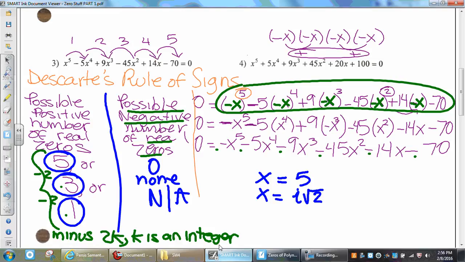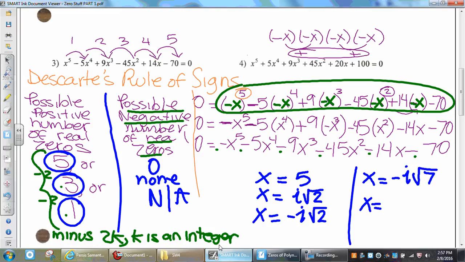And then, if I have that one, I should have the complex conjugate, right? Negative. And then, if it's degree 5, how many zeros do I need total? 5. And then there's another negative and positive imaginary set. Square root of 7. So we have 5 in total.